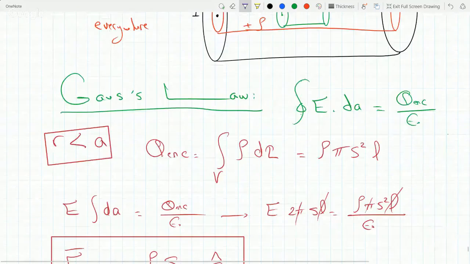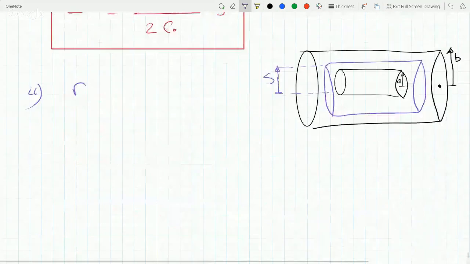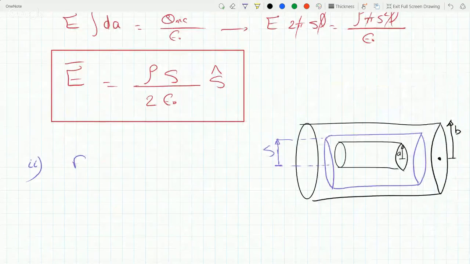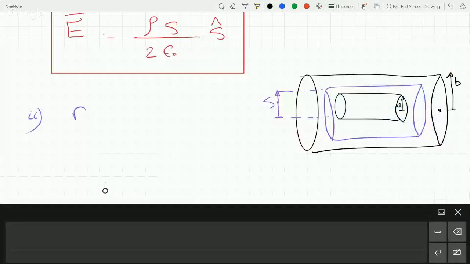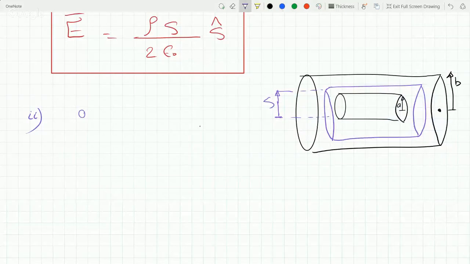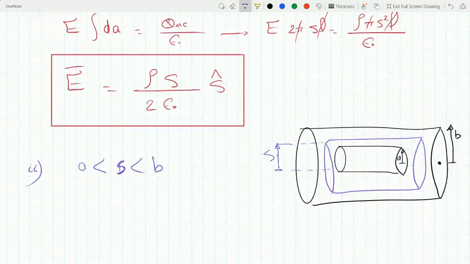This here was the first case. So now R is between A and B, or S is in between A and B. This here was S.